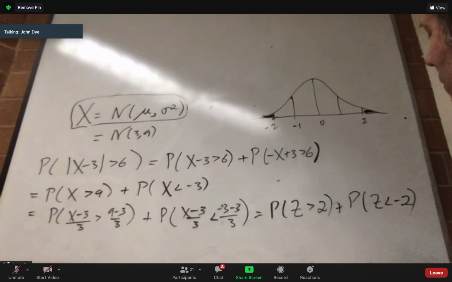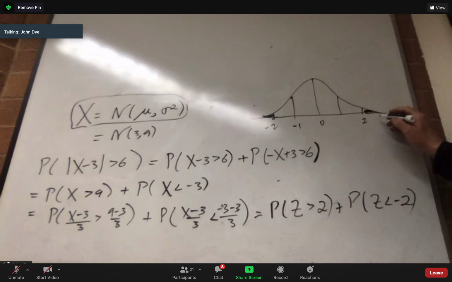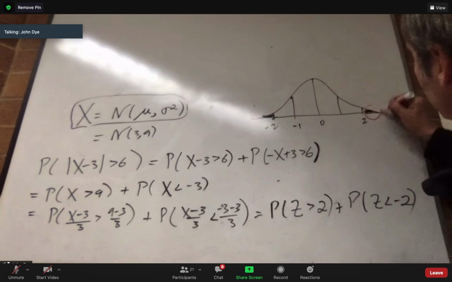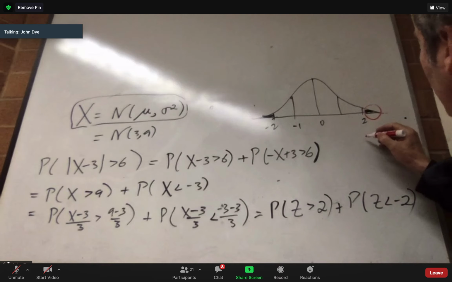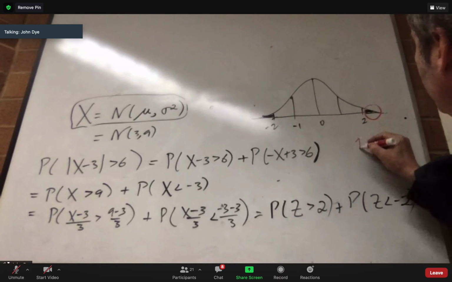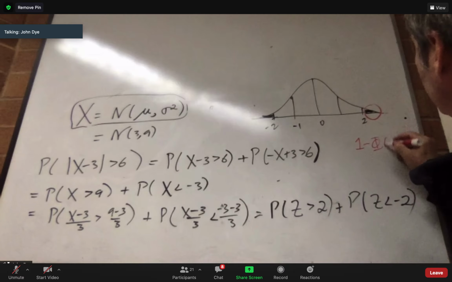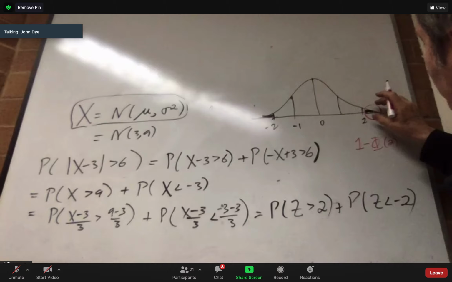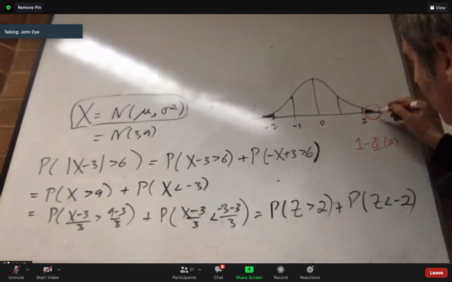So it's a little bit on either side. How do we do this? You could get this portion right here by looking at 1 minus phi of 2. Phi of 2 would be everything coming up to here. But if I took 1 minus that, I would get what I want, this little right-hand portion.